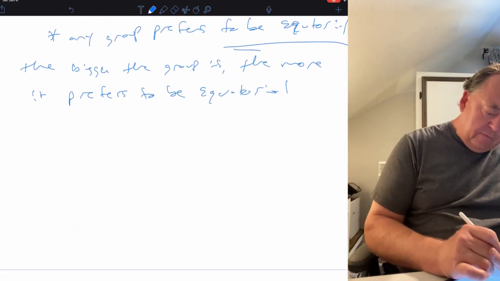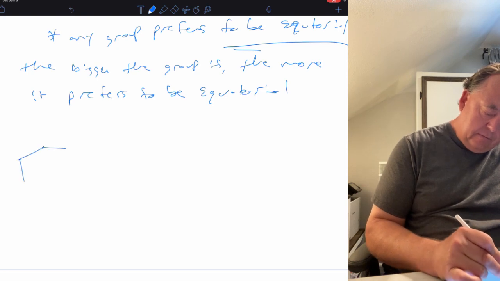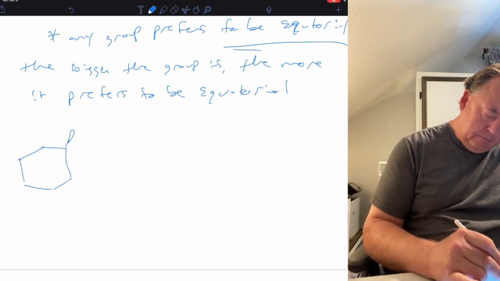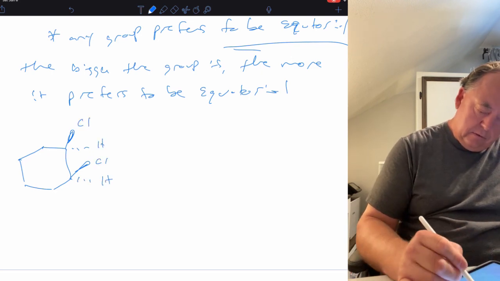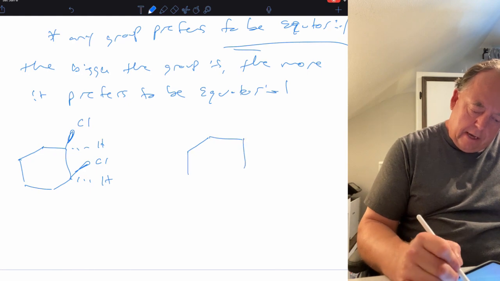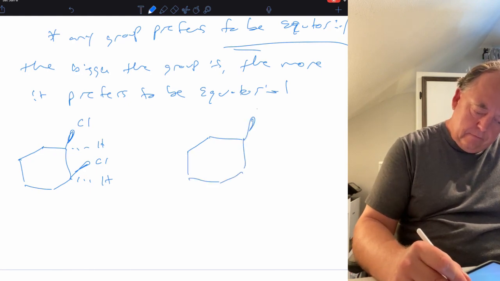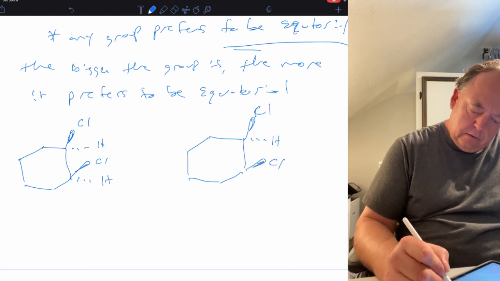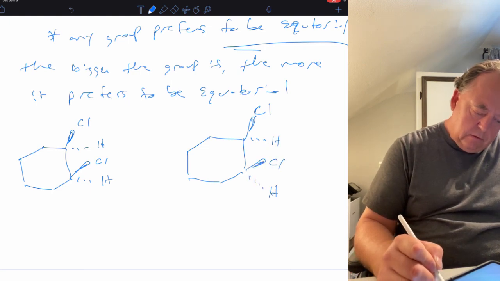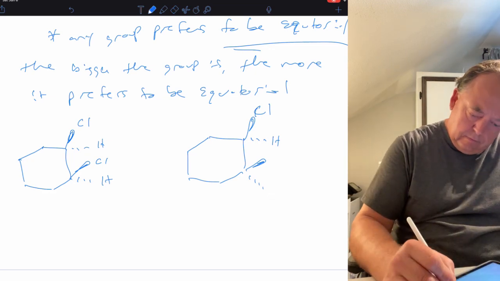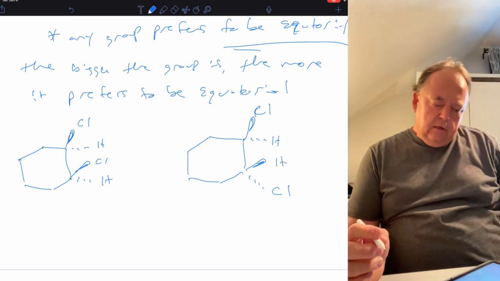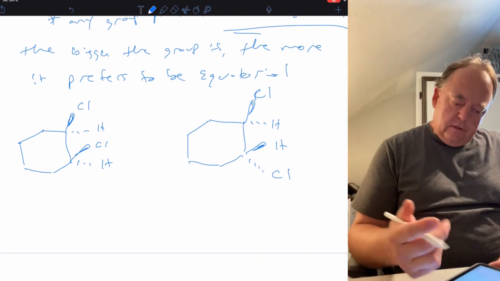Okay, so what if you have two things on a cyclohexane ring? So let's say we have two chlorines. Then there are two possible isomers, right? Those are the same. So now what kind of isomers are these? We've looked at three kinds.